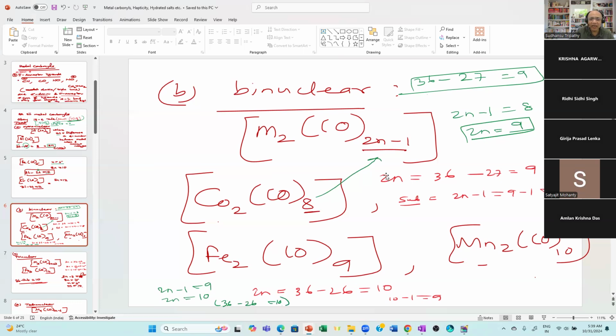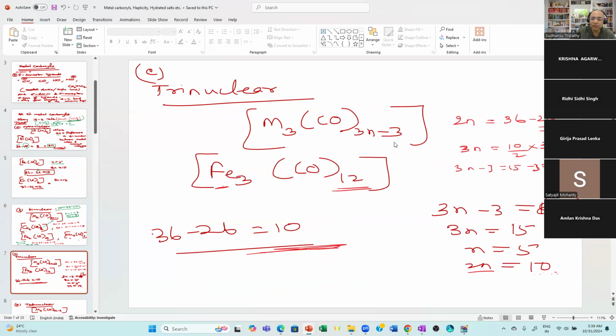So these are very important, and trinuclear will have a different formula: M3(CO) 3n minus 3, where 2n is the same. So iron, if there are 3 iron atoms, there has to be 12 carbon monoxide. If 12 is equal to 3n minus 3, let us find out what 2n is.